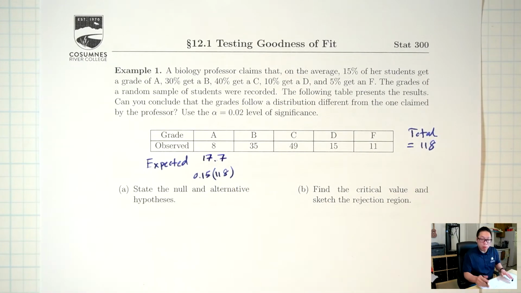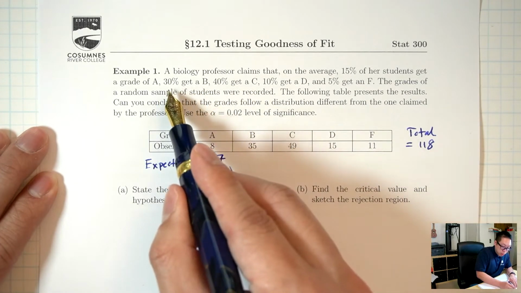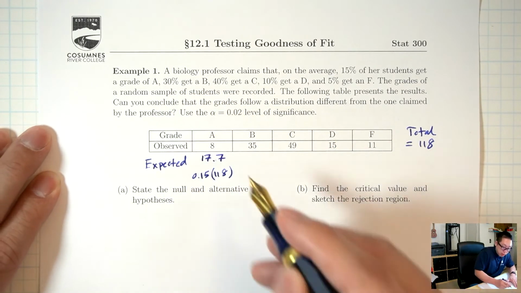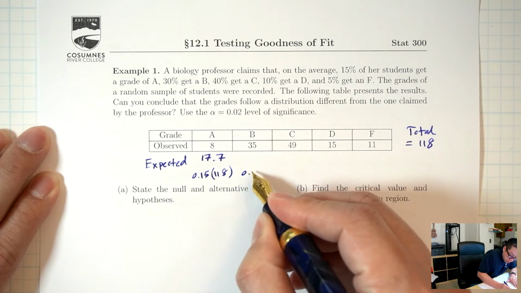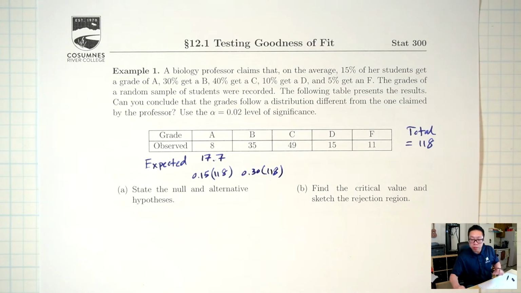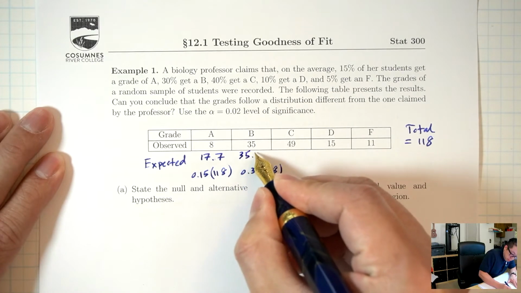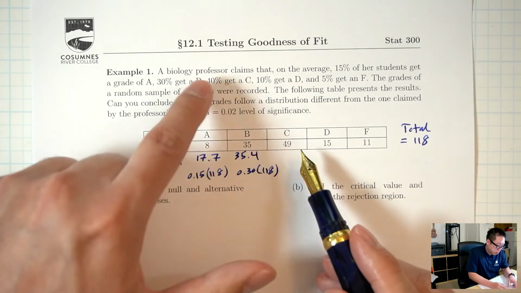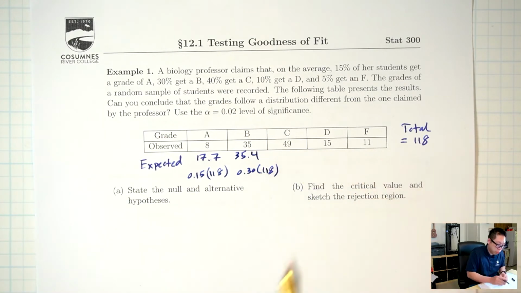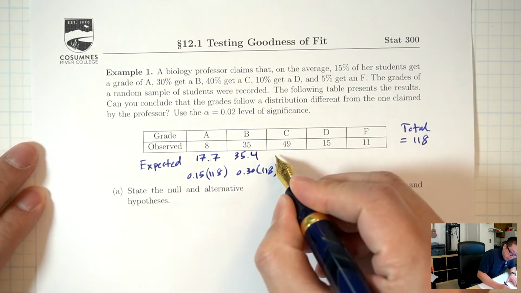And I'm going to do that for all the categories, the B, C, D, and F. B's, there should have been 30% B's. So 30% times 118, which is 0.30 times 118, 35.4. C's, there should have been 40% C's. That's going to be 0.40 times 118, 47.2.